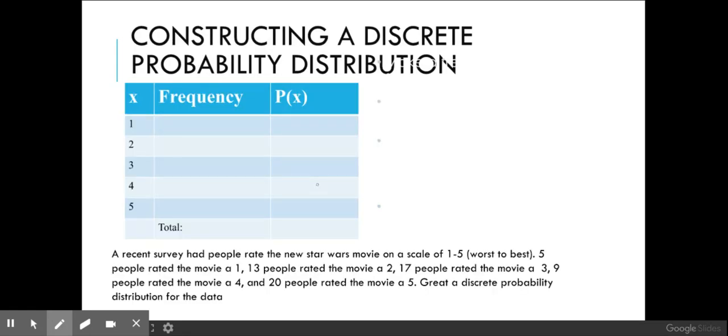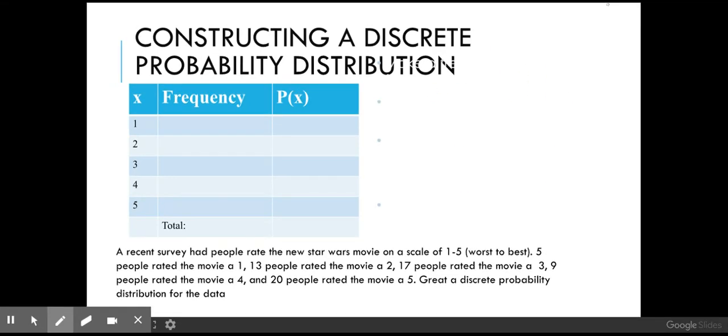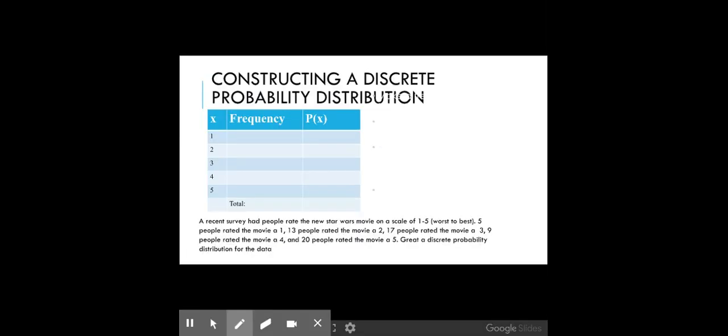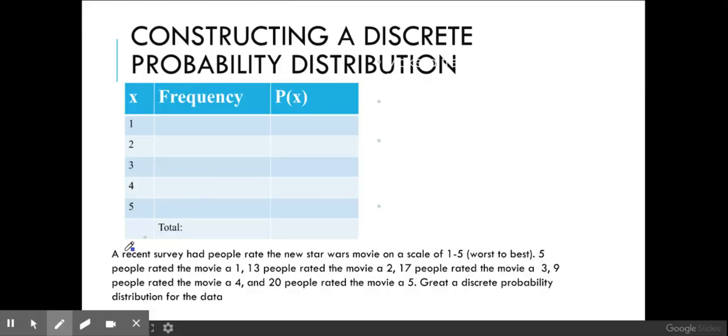So now to construct a probability distribution chart. Okay, to do this, first we need to determine the frequency. And on your PowerPoint, there were some steps over here, so if you want to have that handy. The first thing you want to do is add up your total frequencies.